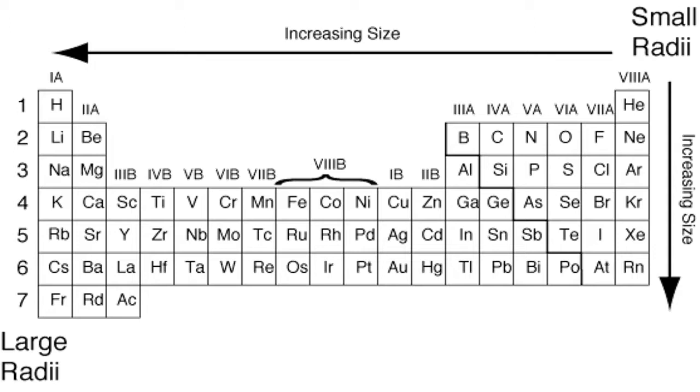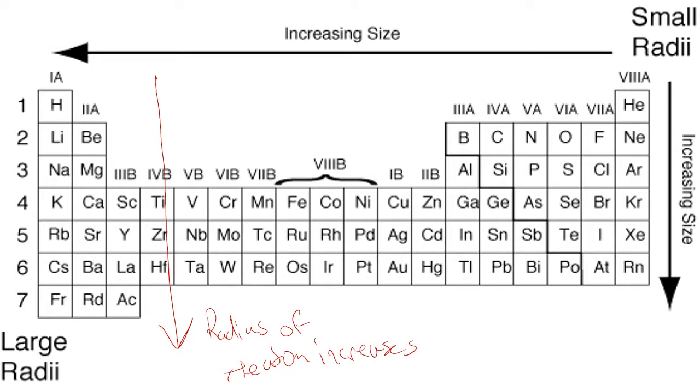So as you go from the top part of the periodic table in this direction, the radius of the atom increases. And as you go from right to left, it's already written here for you, the atomic radius increases.